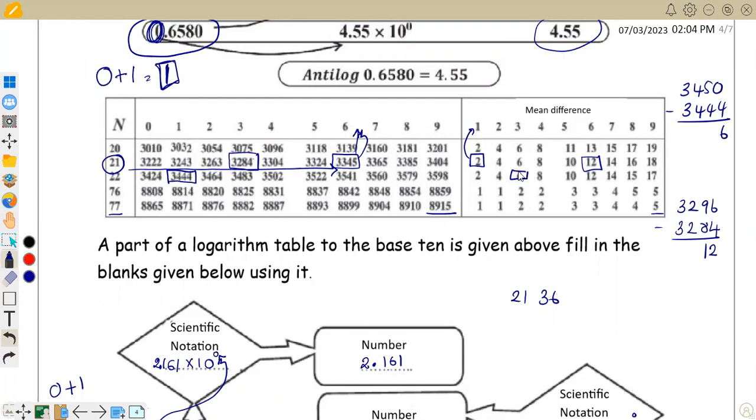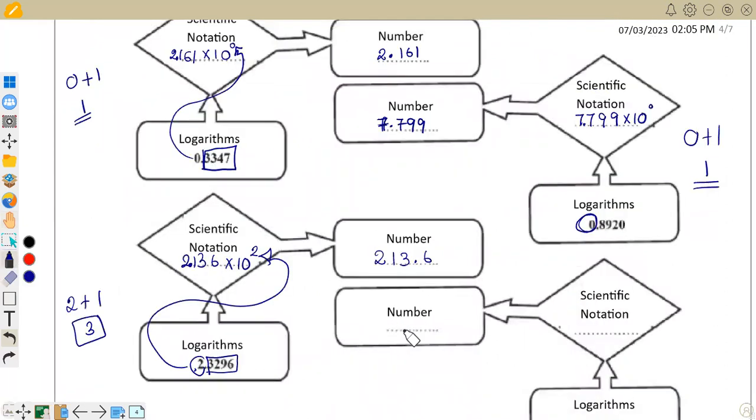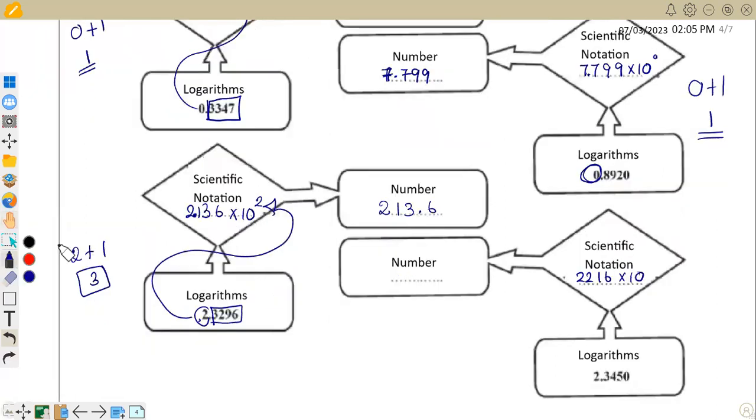Then 6, 1, 6, 22. 22, 1, 6. 216 multiplied by 10 to the power of, what is the value here? It is actually 2. That means 2.216 times 10 to the power of 2. If you look at here, it is 2. Then 2 plus 1, it is 3. Then for the whole number part, 3 digits should be separated.